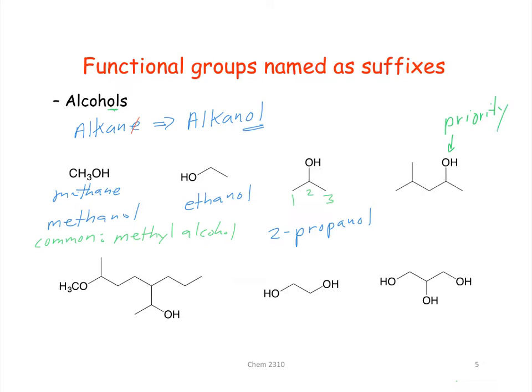So we always number this chain so the alcohol gets the lowest number. Okay, so this comes from pentane and pentanol. So we have 4-methyl-2-pentanol.